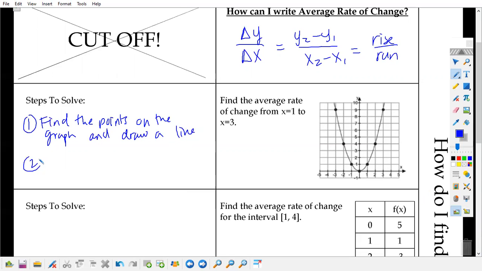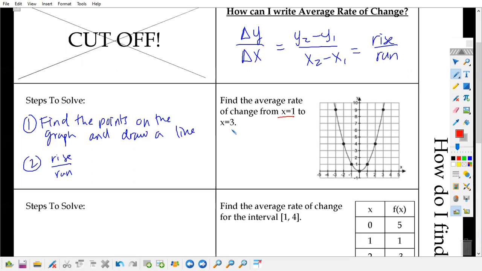And then step 2 is you're going to use rise over run to find the slope of the line. How do you feel about those 2 steps? Doable?